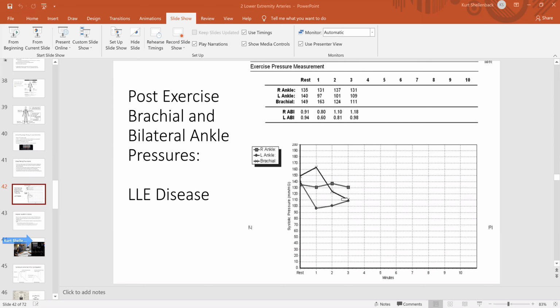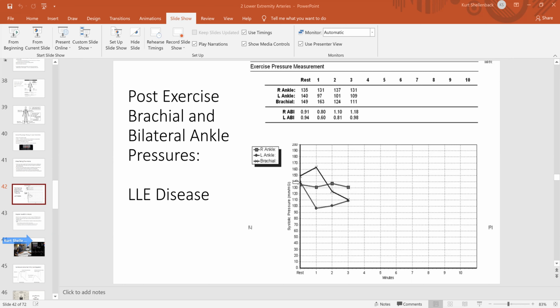So the base looks like it was around 150 for the brachial and the person exercised. Pressure went up a little bit, and then it came way down. I don't know how to explain why the brachial artery came up a little bit and then down, down, down. But the important part here is the ankle.